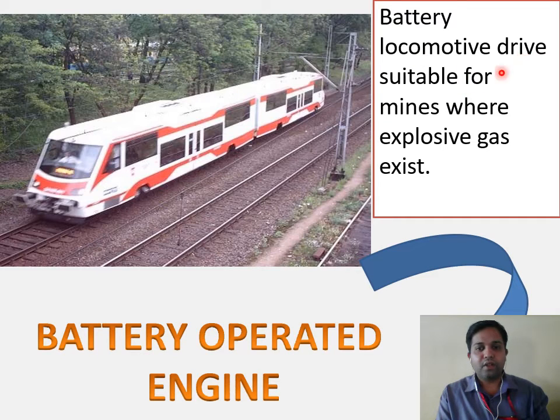Battery locomotive drives are mainly suitable for mines where explosive gases exist. To avoid short circuits and to have safety in the mines, we use battery operated locomotives to transport the coal or whatever mining products.